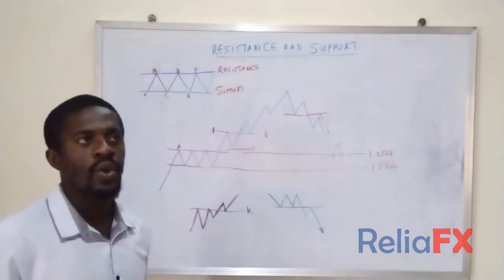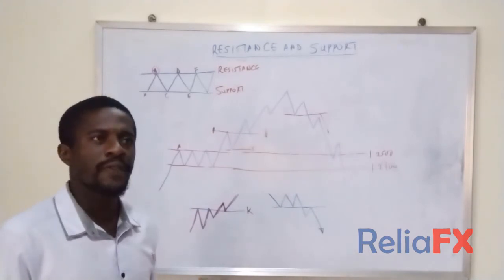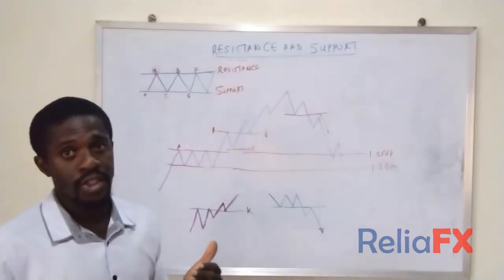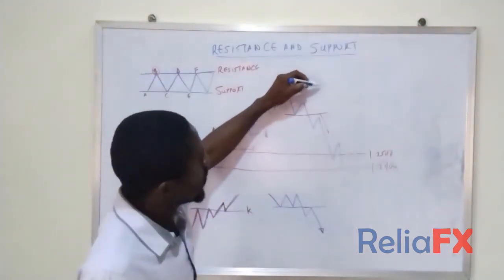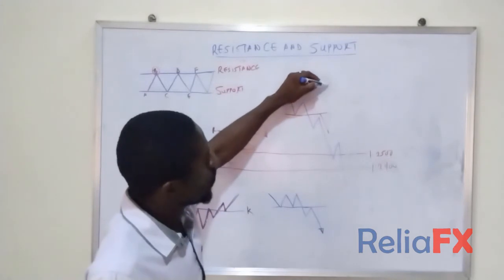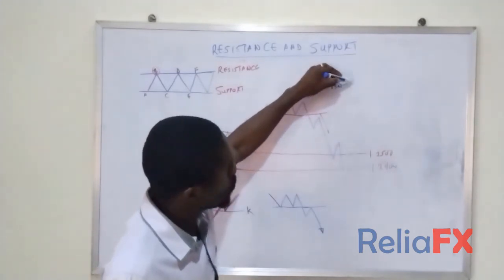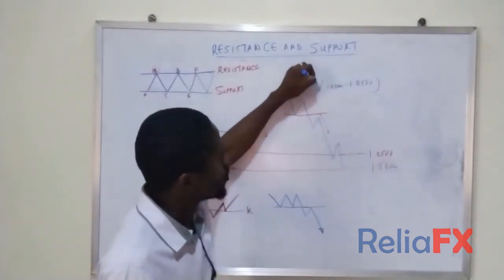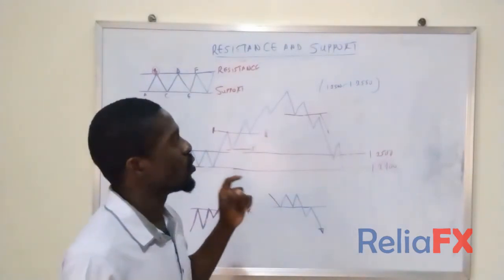I also want you to understand the fact that resistance and support are not fixed or exact numbers. It's usually a range, because sometimes you can have a range, say 1.2500 to 1.2550. That can be a range of price where you have your resistance.